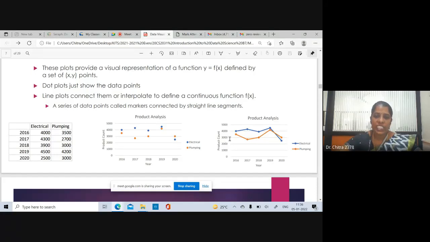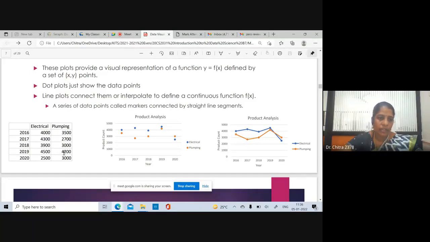When you compare these two plots, the line plot is better, because here it's a little difficult for us to compare which is higher. But if it is a line plot, we can find the correlation also, how it deviates from one another. Electrical and plumbing, if you see this line plot, in the year 2019 both are almost the same.